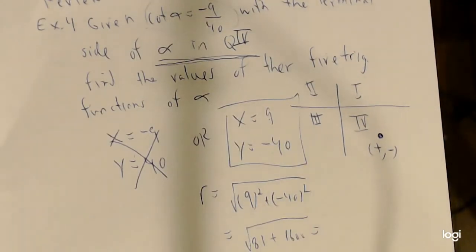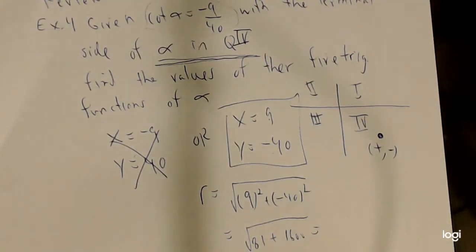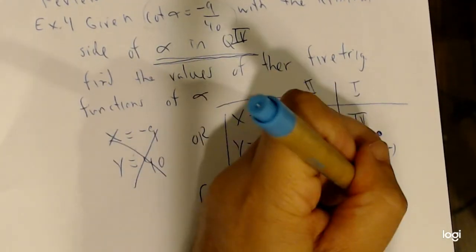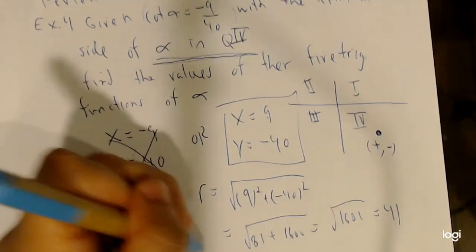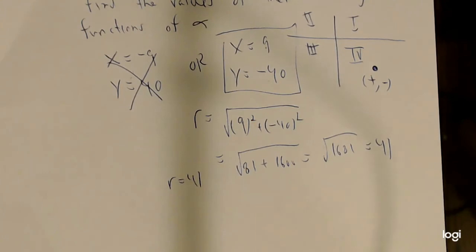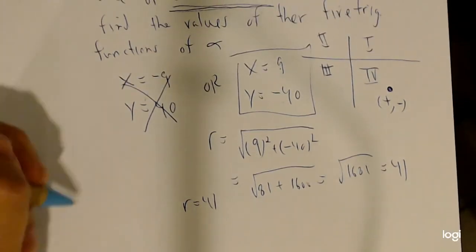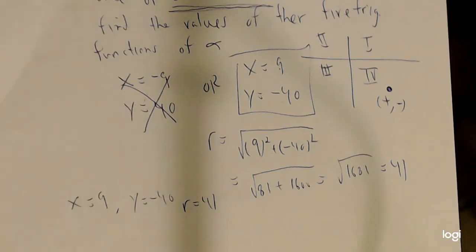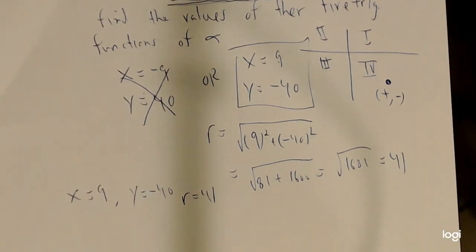So if I add 81 to it, I get 1681. And then if I take the square root, I get 41. So r is 41. So once again, let's just write this out. x is 9, y is negative 40, r is 41.